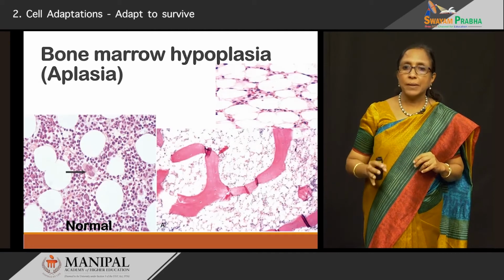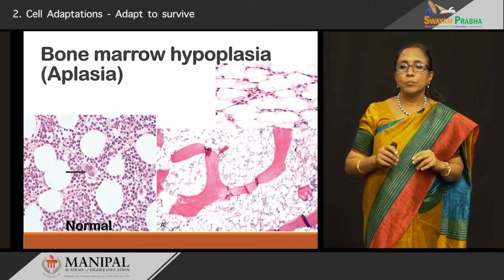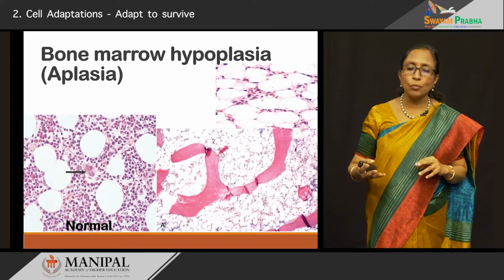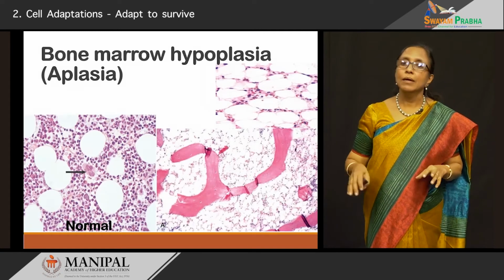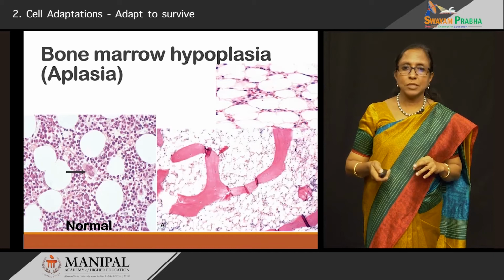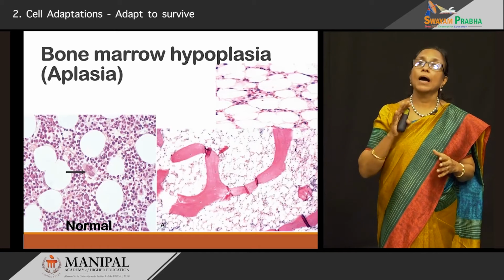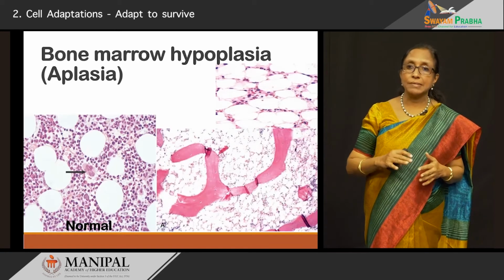When there is aplasia or hypoplasia, the bony trabeculae are seen, but the fat spaces increase so much that the hematopoietic cells seen in the background are very few. So when we see such a picture, we will say that there is hypoplasia or aplasia.